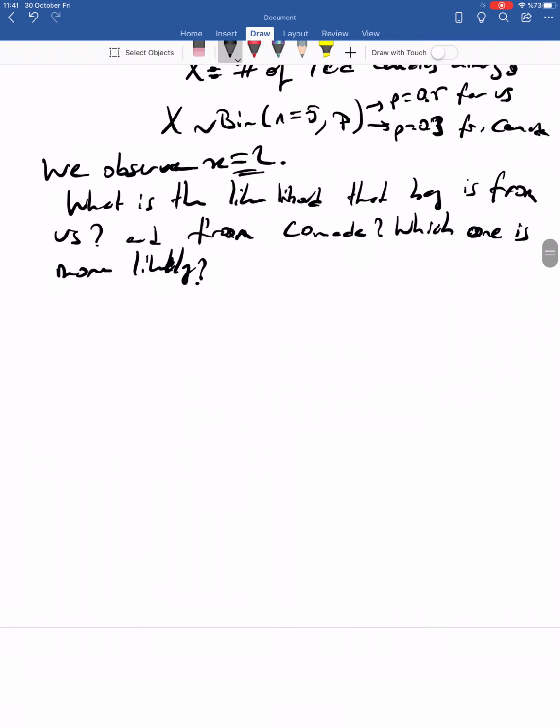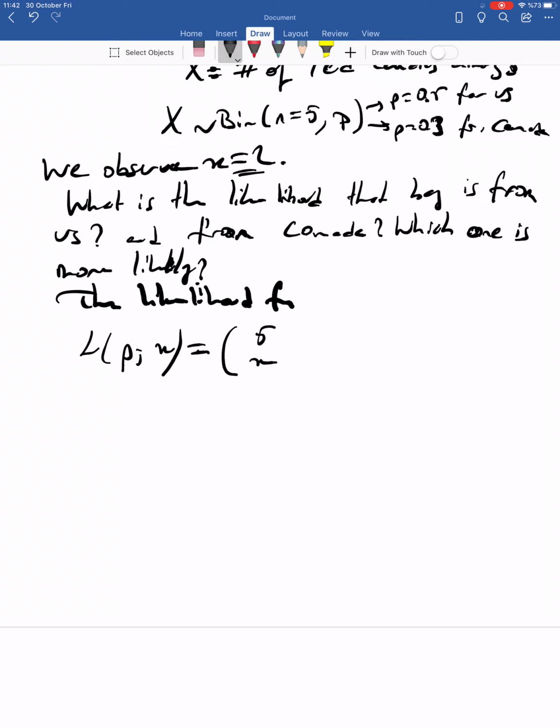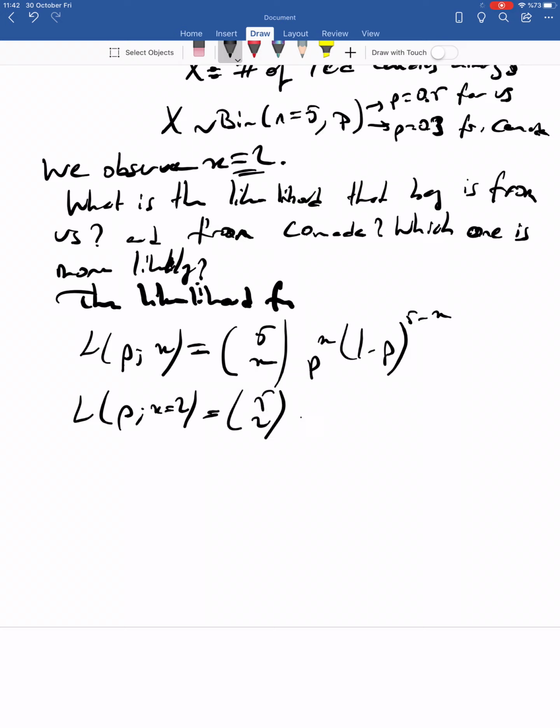Okay, so let's calculate the likelihood functions. Let's write the likelihood function, L(p given x). We have a binomial experiment: 5 choose x, p to the x, 1 minus p to the 5 minus x. Where x equals 2, we have 5 choose 2, p squared, 1 minus p cubed, which is 10 p squared, 1 minus p cubed.